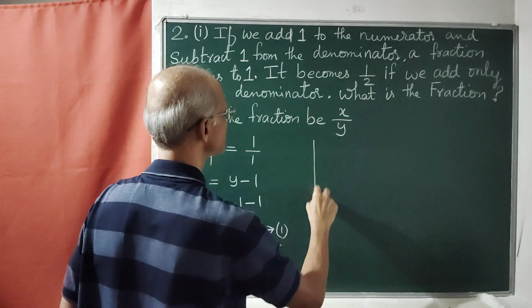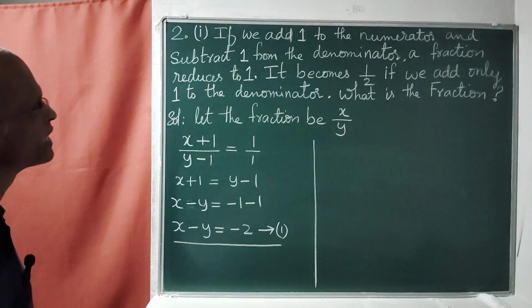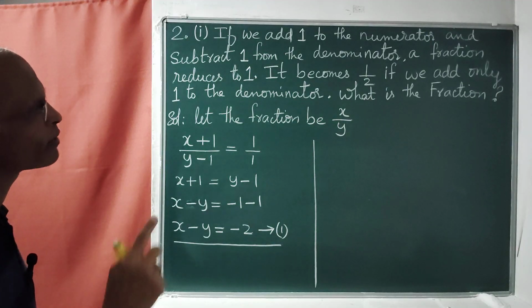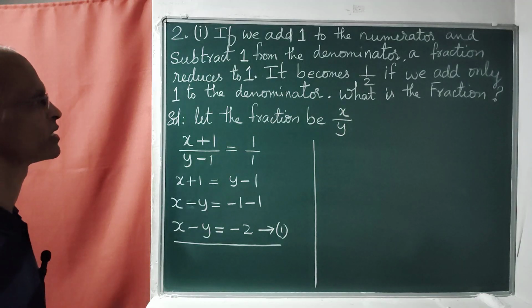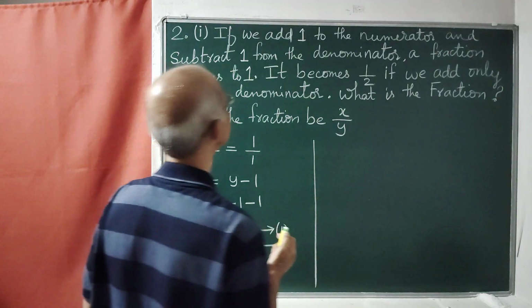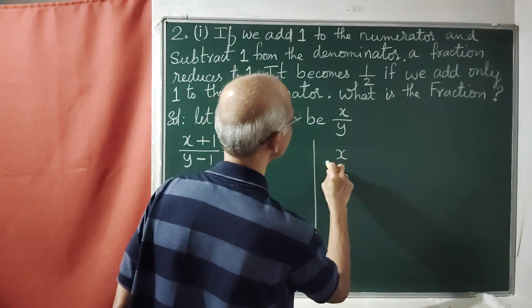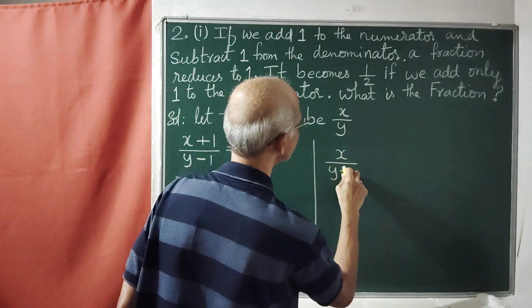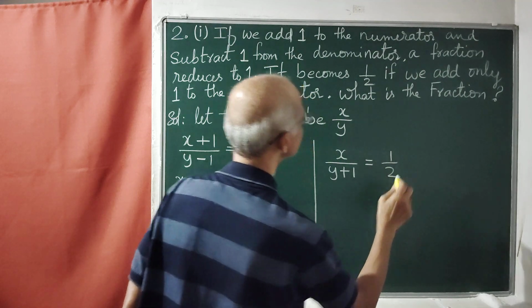Now, the second case: the fraction becomes 1 by 2 if we add only 1 to the denominator. So if we add only 1 to the denominator, that is x by y plus 1, the fraction becomes 1 by 2.